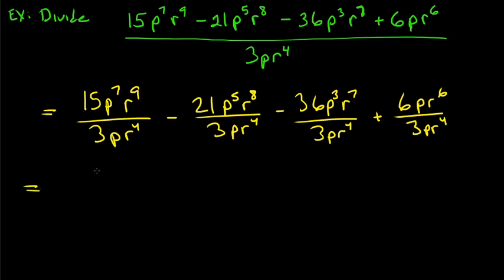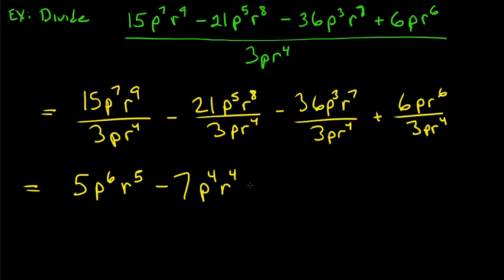Right? So 15 divided by 3 is 5. P to the 7 divided by p is p to the 6. R to the 9 divided by r to the 4 is r to the 5. Minus 7, p to the 4, r to the 4. I hope you didn't divide 8 divided by 4. You subtract. 8 minus 4 is 4.